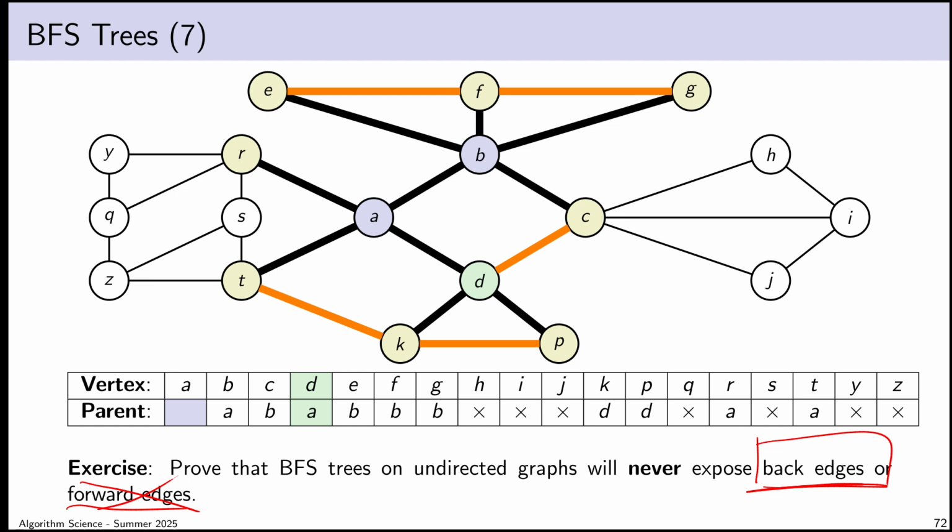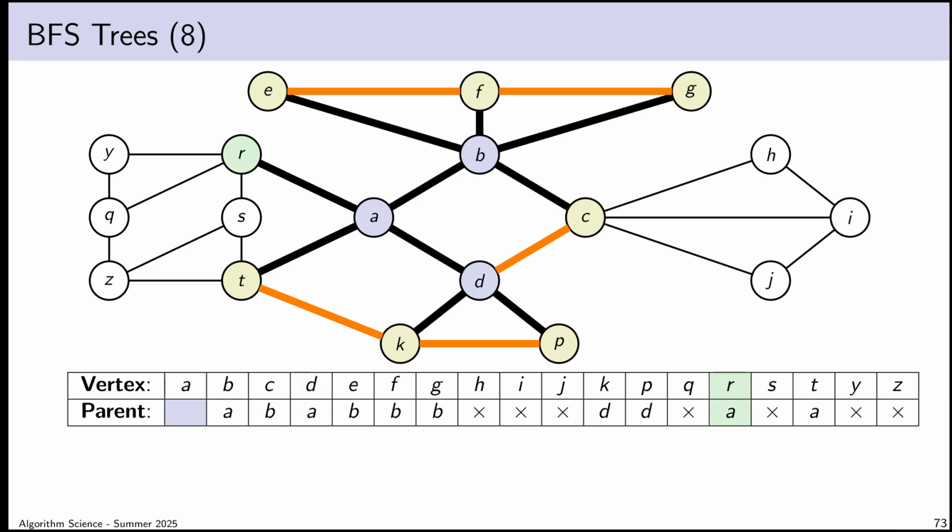But it turns out that is impossible in a BFS tree. There will never be back edges or forward edges if you perform BFS on an undirected graph. This proof is definitely spoiled by the thing I'm going to do at the end of this lecture. I'm going to write a proof about directed graphs that effectively also proves this. So, try writing that proof yourself. Pause the video right now and try writing that proof yourself.